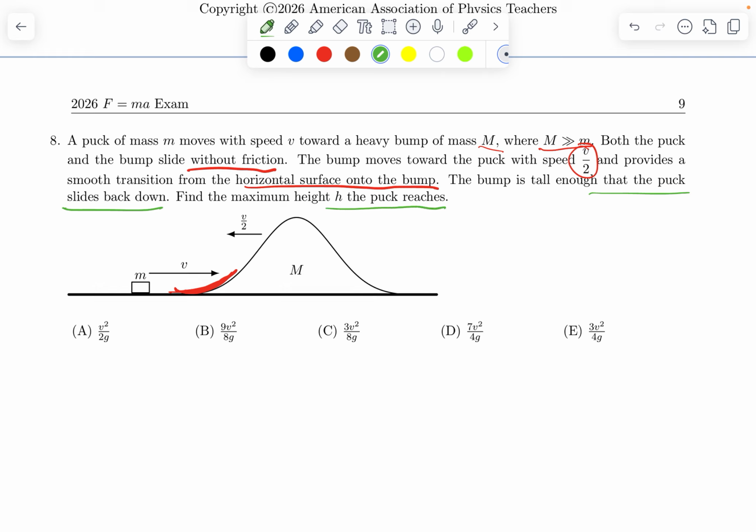Okay, so first of all, this might seem really complicated with all these different masses and there's no friction. So how do we know if this thing is going to move forward or backward? Well, first of all, let's see what information the problem gives. The problem gives that big M is much greater than small m.